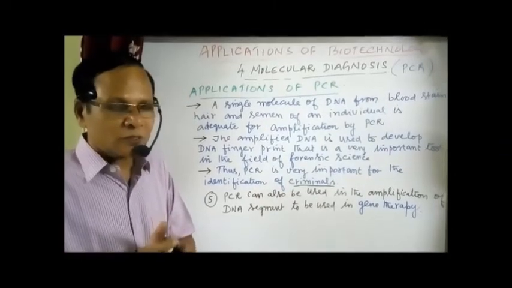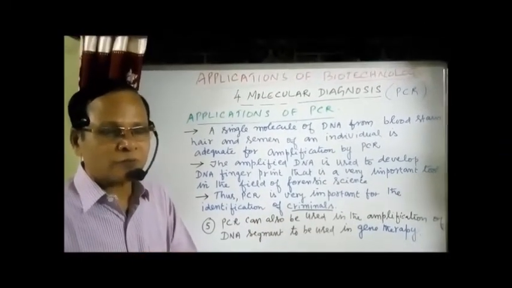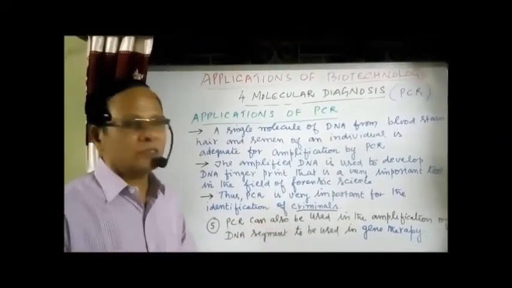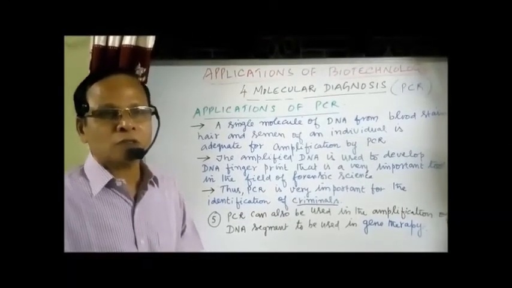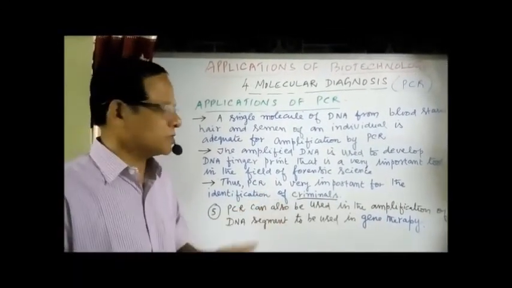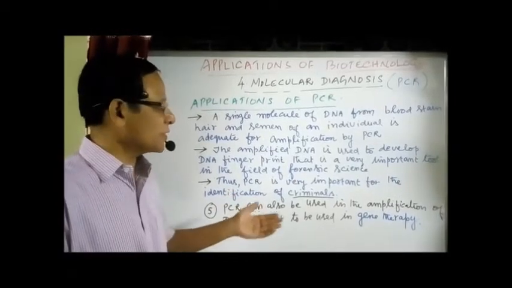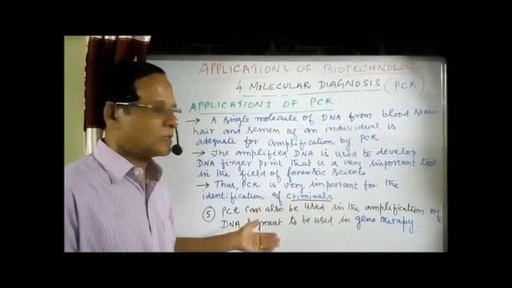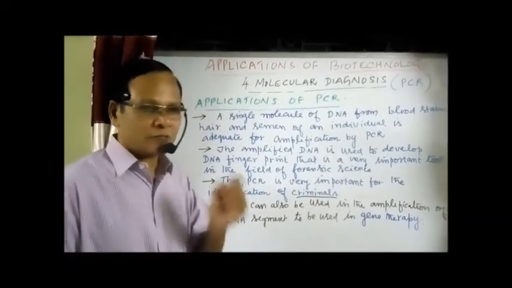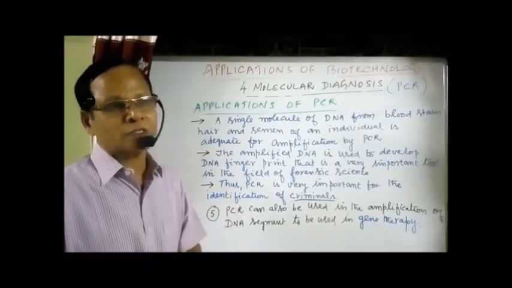The particular gene of interest has to be amplified before it is reimplanted in the body of a patient having a defective gene. So gene amplification can be performed by PCR, to be used in gene therapy. A specific gene or DNA segment is multiplied.